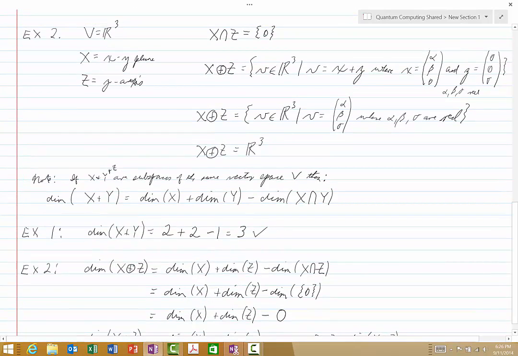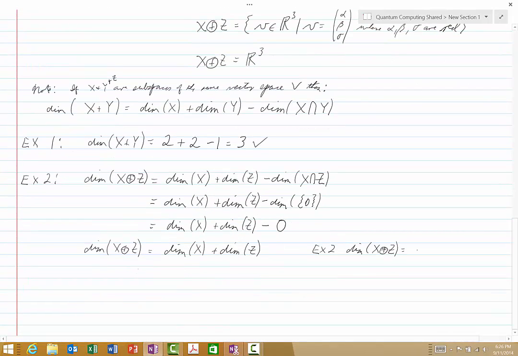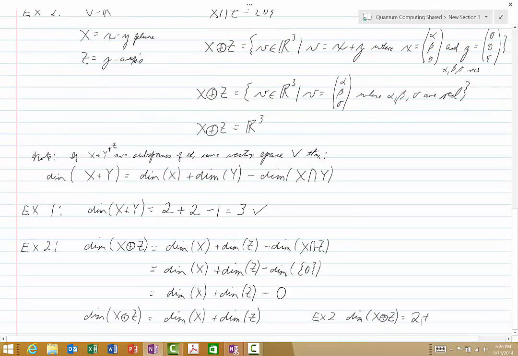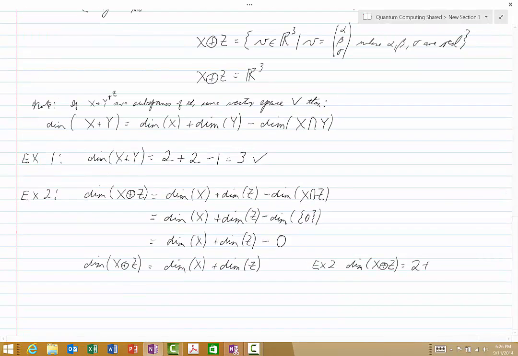And remember, in example 2, x is the xy plane, so the dimension of x is 2, and z here is the z-axis. Since it's just an axis, the dimension of that is 1, and so we get 3, and sure enough, that is consistent with the fact that the direct sum of x and z is all of R3.